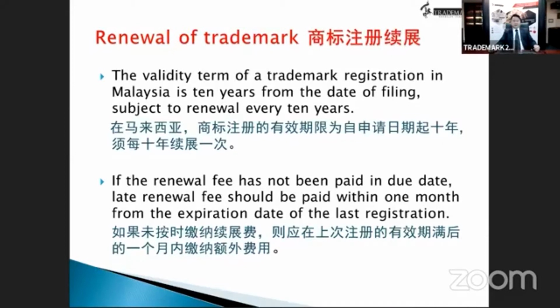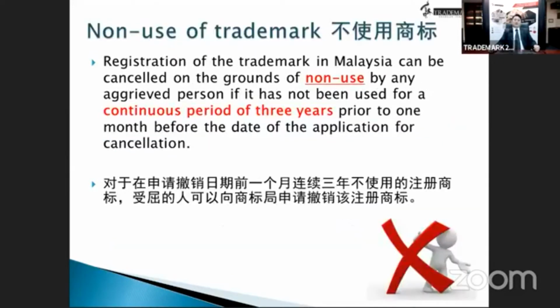deemed abandoned or withdrawn. Now, many people are not aware that your registered trademark in Malaysia can be cancelled or expunged by a third party on the ground that you never used it for a consecutive period of 3 years after the registration of your trademark, okay.